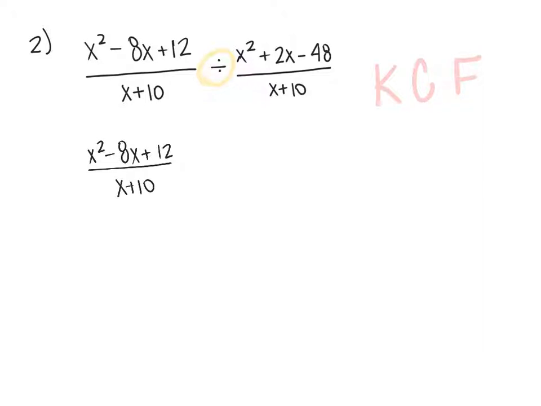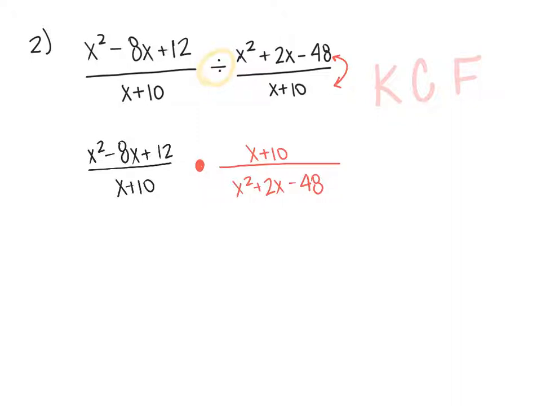I change the division to multiplication, and I flip the second fraction. So I've got x plus 10 over x squared plus 2x minus 48. Keep, change, flip. So I kept the first, changed the operation, flipped the second. You may have heard it as keep, change, change. Same thing.